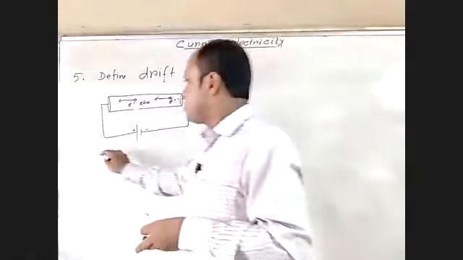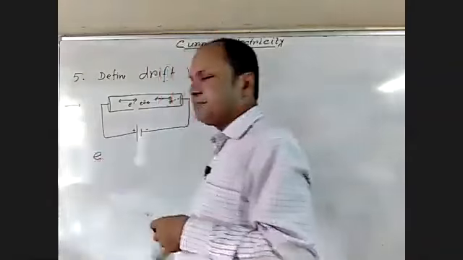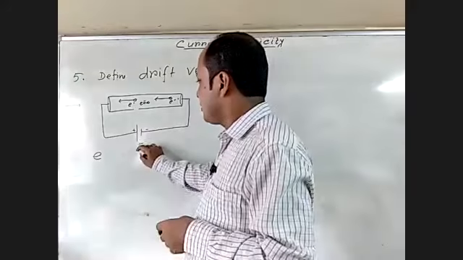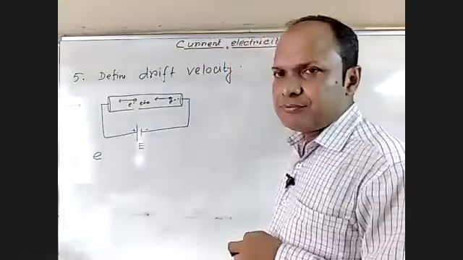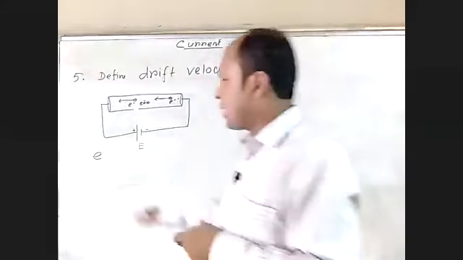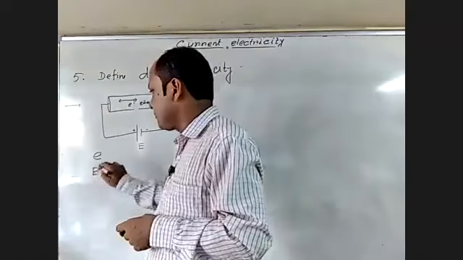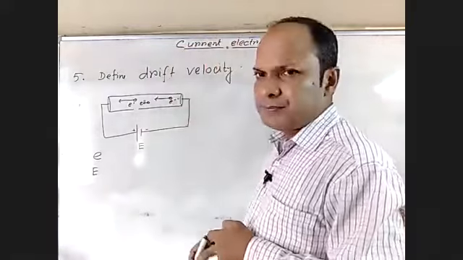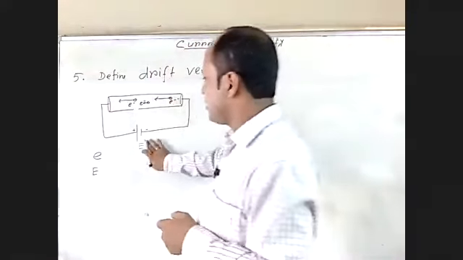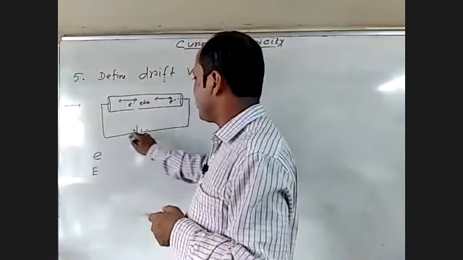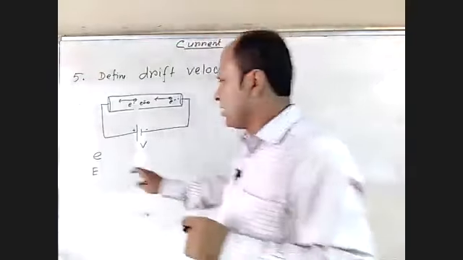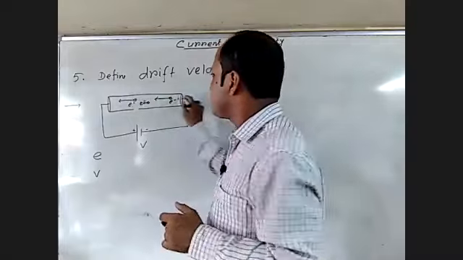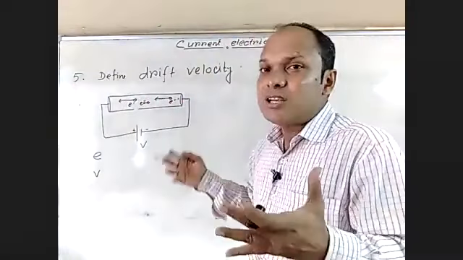Say the charge of the electron is e. The EMF of the cell is capital E, or you may consider that the voltage of the battery is V. If the voltage of the battery is V, a field will develop inside the conductor.